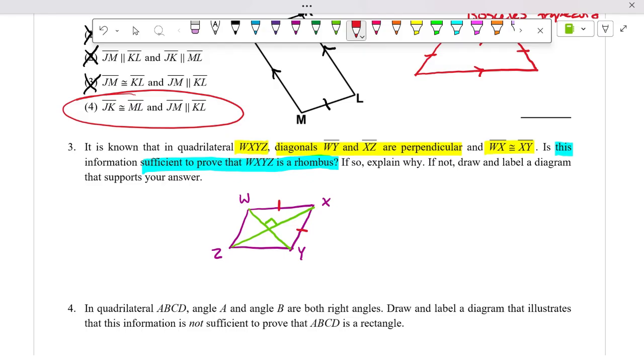I could have drawn it like this. Diagonals are perpendicular, those two are the same. Is that a rhombus? That's a kite. So my question is, based off of what they gave us, do we have enough information to say that's a rhombus? No, we don't.